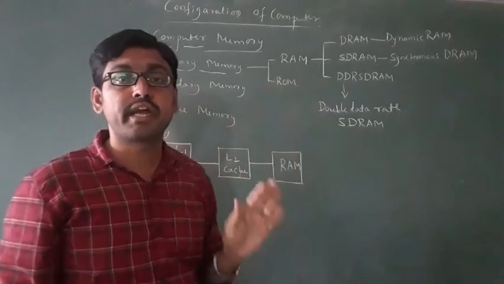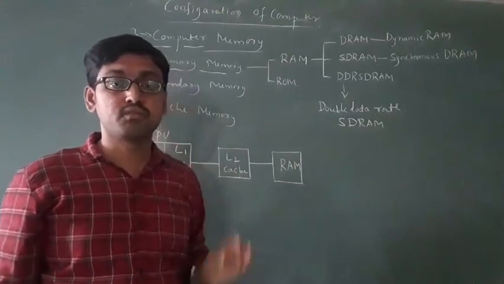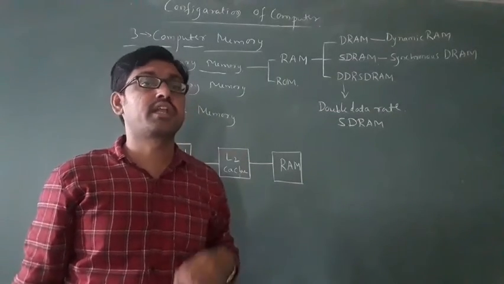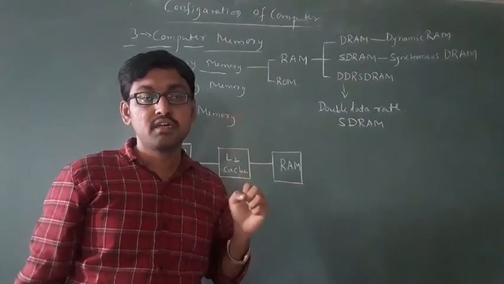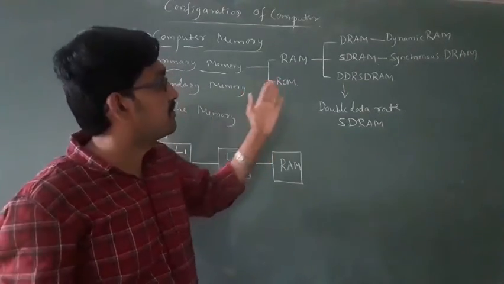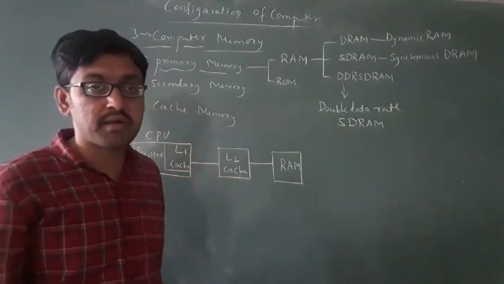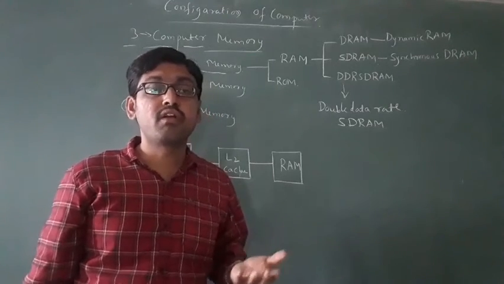These are the types of RAM. Okay, what is RAM used for? For processing data. Random access memory, randomly it is accessing the memory. That's why you have to use a RAM. You already know RAM and ROM from first year.